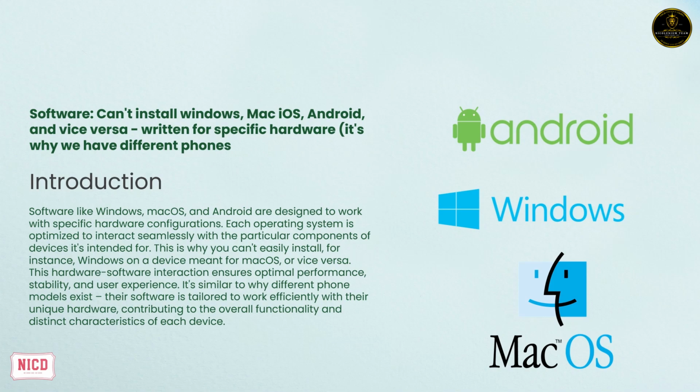This hardware-software interaction ensures optimal performance, stability, and user experience. It's similar to why different phone models exist. Their software is tailored to work efficiently with their unique hardware, contributing to the overall functionality and distinct characteristics of each device.